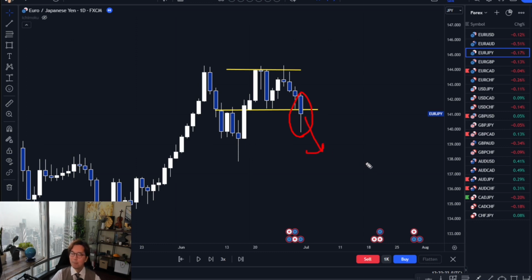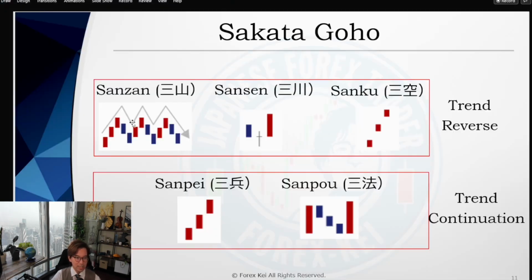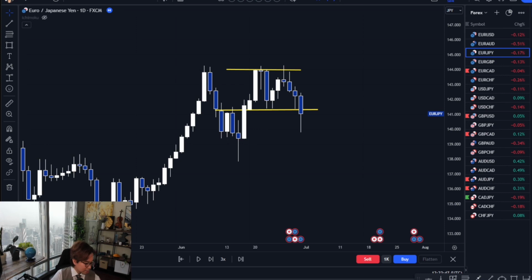You see? And also, I just noticed that this is also a Sanzan, triple top. Sanzan is triple top and market trend reverse confirmation. And that's something I see here. Okay, Sanzan and Sansen reverse, and sample trend continuation down from here, the top.